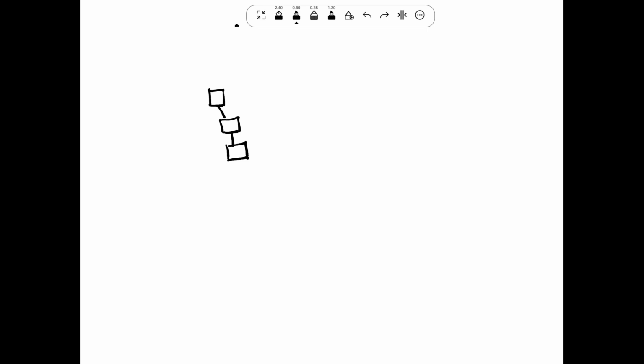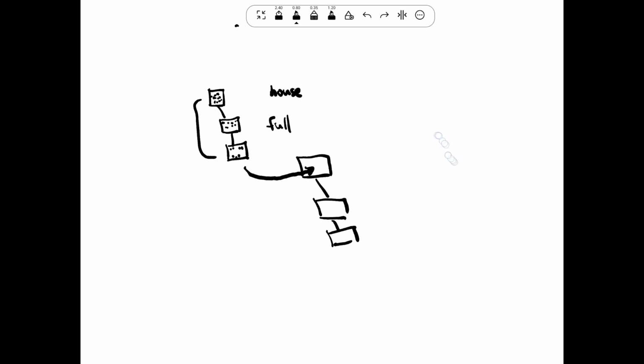You can think of the blockchain as a house. It has many rooms. When every room has people living in it, it's full. So we have to create a new room to put the original here.